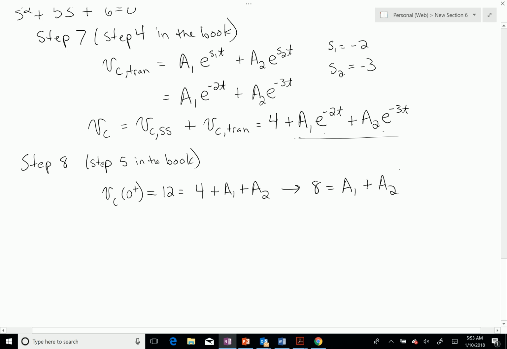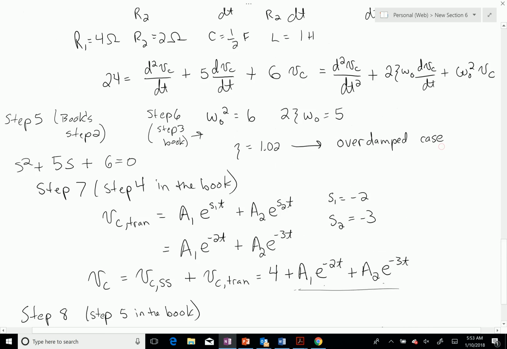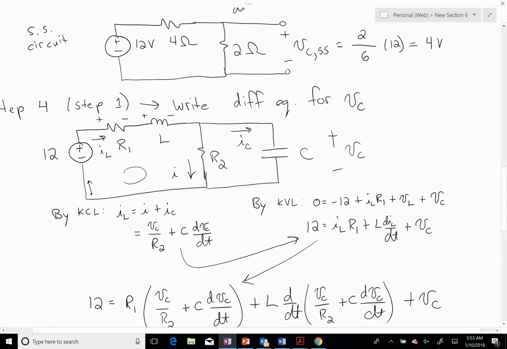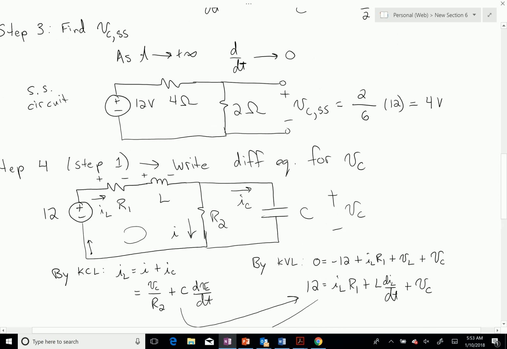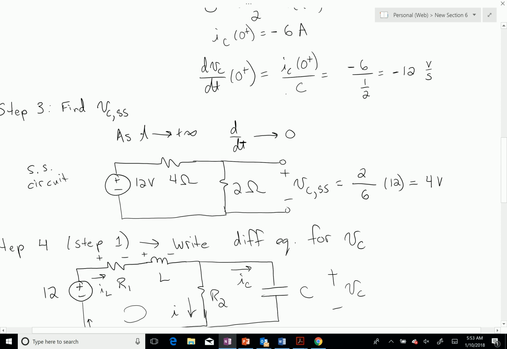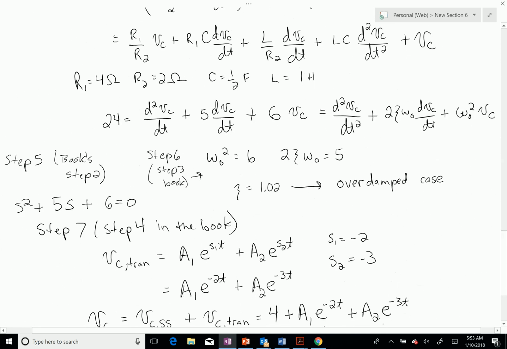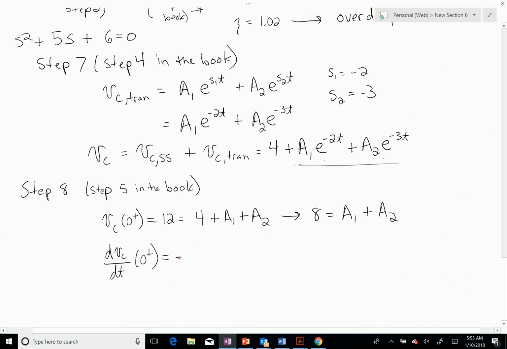And the other equation is for the derivative. I know that derivative, we figured that out earlier on. dVc/dt of 0 plus was minus 12. Now that has to equal the derivative of this expression.